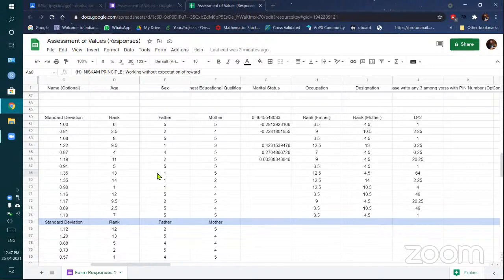Okay. But since the total data, that is the raw data, is converted into the rank data, and the rank does not follow any parametric model, therefore I think there will be no problem at all.